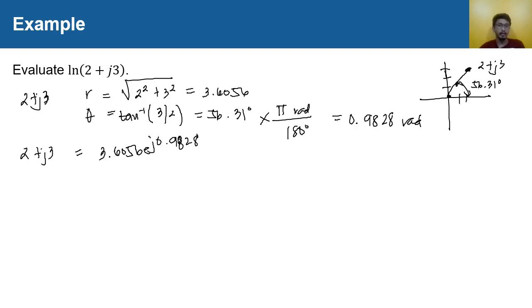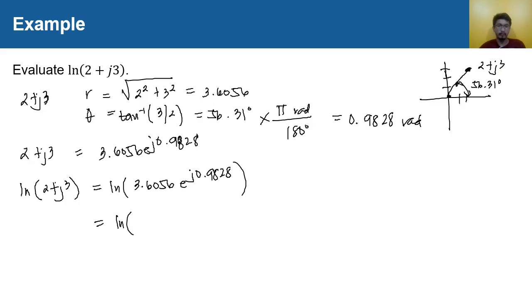So from that, we have ln of 2 plus j3 equal to ln of 3.6056 e raised to j 0.9828. And from the formula given, you now have ln of 3.6056 plus j, and then theta, 0.9828, times ln of e.